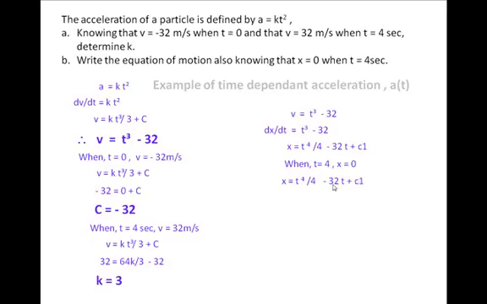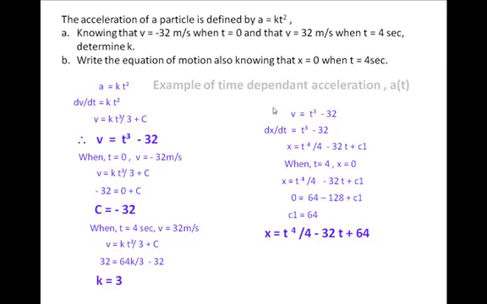You have to put in this boundary condition. You will be able to evaluate c1 as 64, and then you have this expression, which is nothing but the equation of motion for this problem.